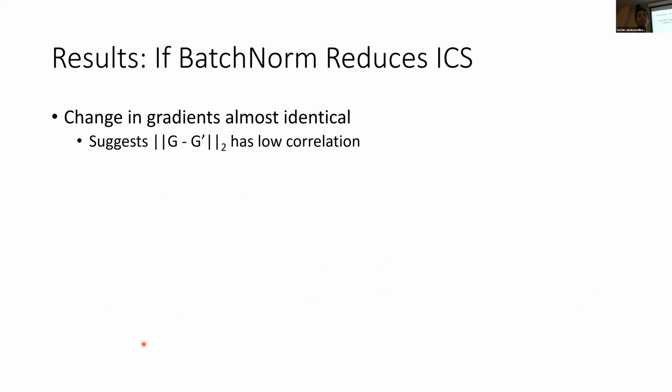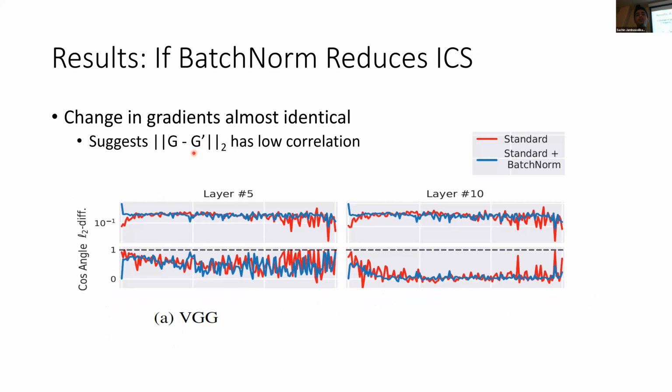But when they did the experiment, they found that whether they apply batch norm or train the network without batch norm, the change in gradients is almost similar. So they report a similar pattern.